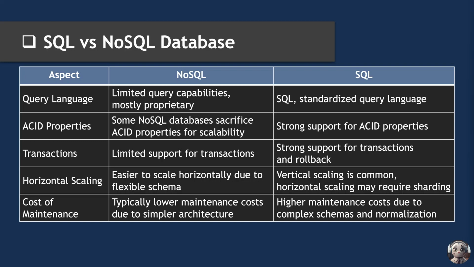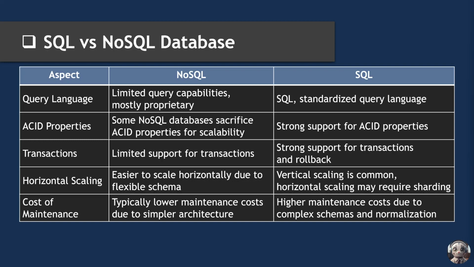SQL databases use a standardized query language, SQL, which provides a rich set of features for querying and manipulating relational data. SQL is widely adopted and supported by various database systems, making it familiar to developers and enabling complex analytical queries and reporting.